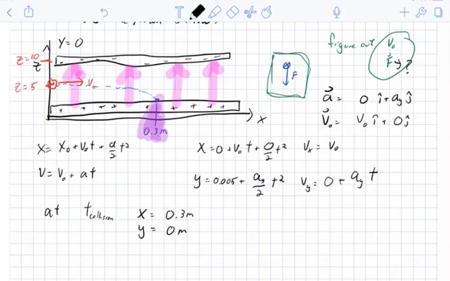So in terms of these equations, this one becomes 0.3 is equal to v0 times t collide. And your next one is 0 is equal to 0.005 plus ay over 2 times t collide squared.